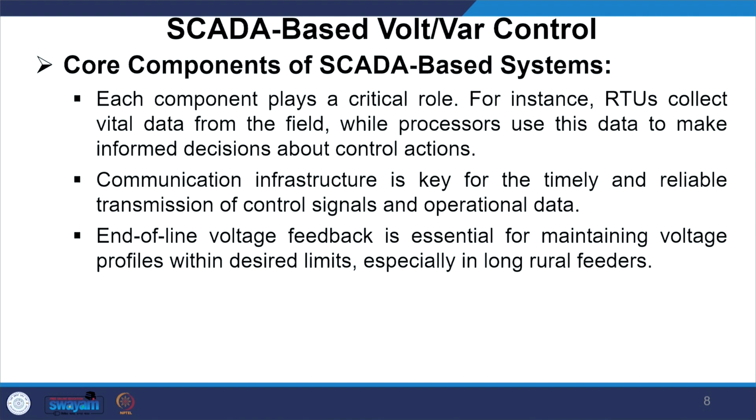Communication infrastructure is key for the timely and reliable transmission of control signals and operational data. End-of-line voltage feedback is essential for maintaining voltage profiles within desirable limits, especially in long rural feeders. Now, the RTU's role in monitoring key electrical parameters at strategic points provides the data backbone for the entire control process.